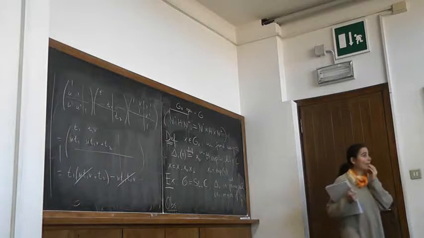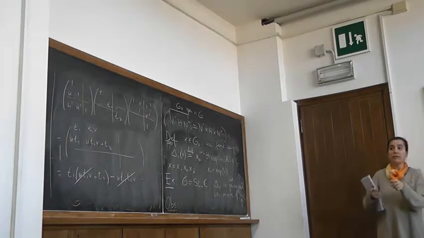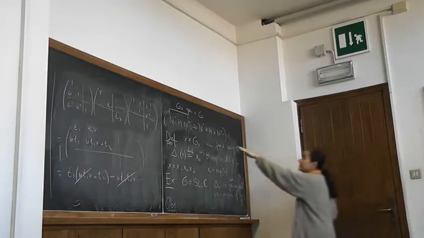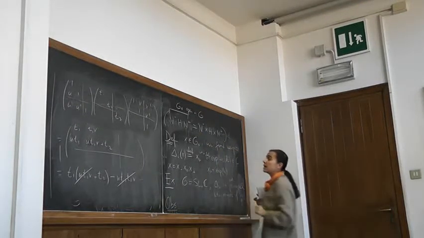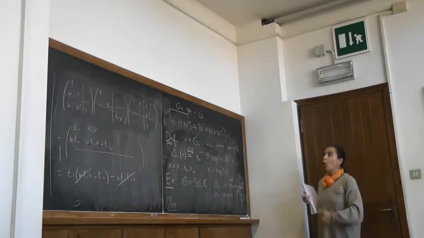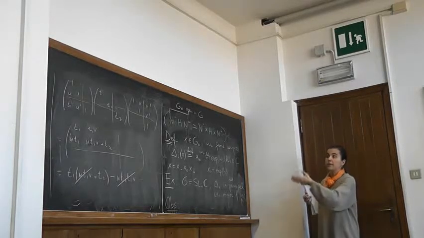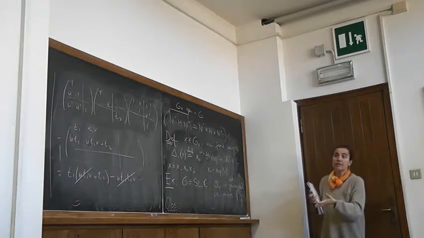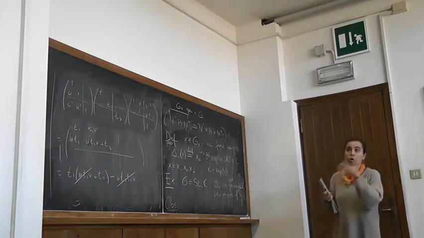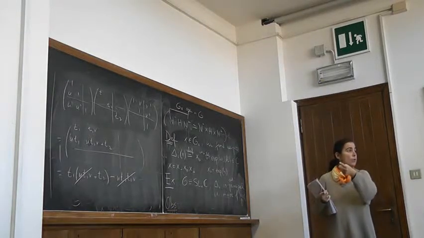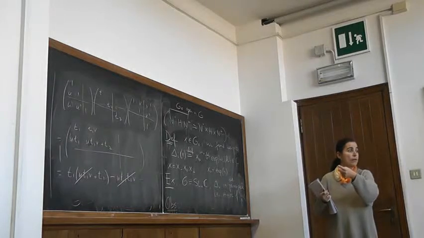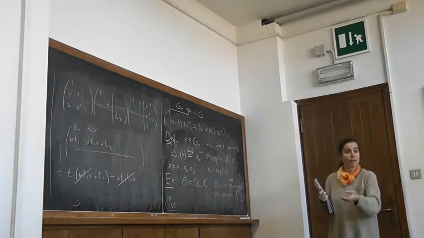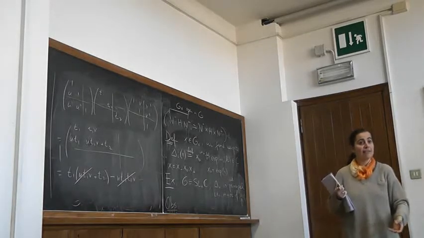Certainly all the elements that belong to this have the property of invertible principal minors. But I believe that if you know the principal minors are invertible, you can always put them in that form. I've not done the calculation, but I think you can. Right, Fabrizio? Can you figure out how to do it? It's not hard, I think.